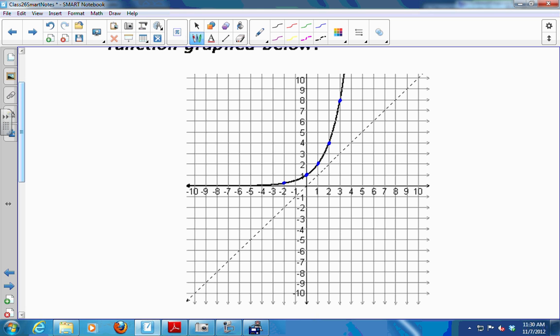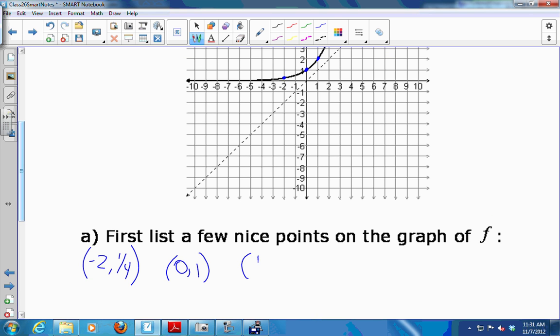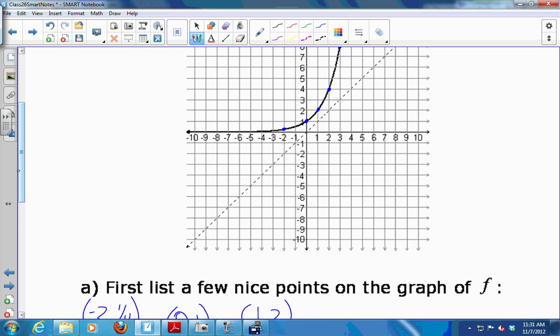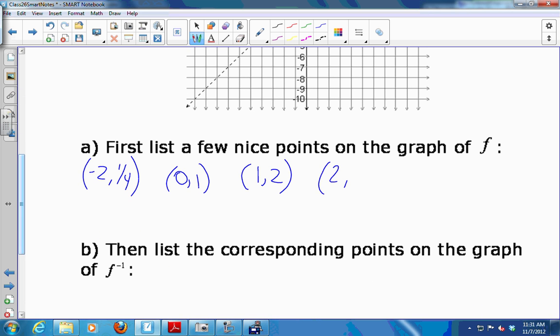So my coordinates of these points are -2, 1/4, and 0, 1. And then the next one looks like 1, 2. And this one looks like 2, 4. And the last one is 3, 8.